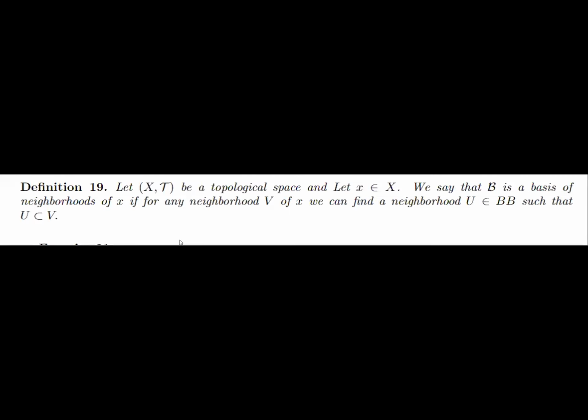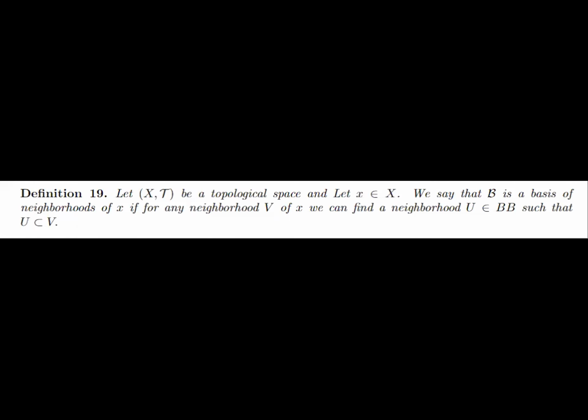Next, you have also the definition of a basis of neighborhoods of x. We say that B is a basis of neighborhoods of x if for any neighborhood V of x, we can find a U in B, there's a typo here, such that U is included in V. All right.